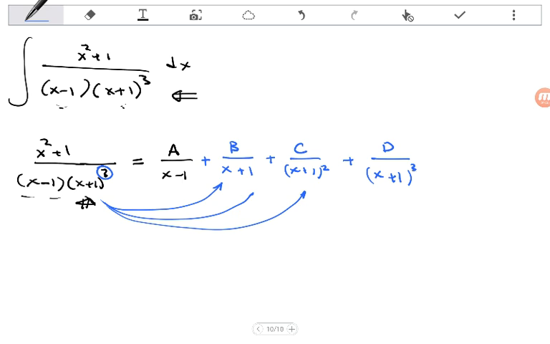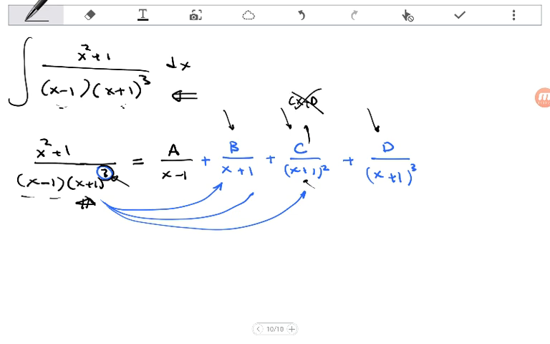So I assume a number of terms exactly equal to the power of the bracket. Now each of these fractions is put in its form by only looking inside the bracket. For example, I don't say here that the denominator is second degree, so I put the numerator as cx plus d.